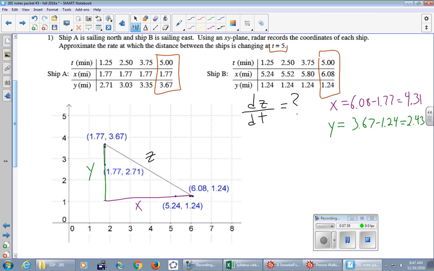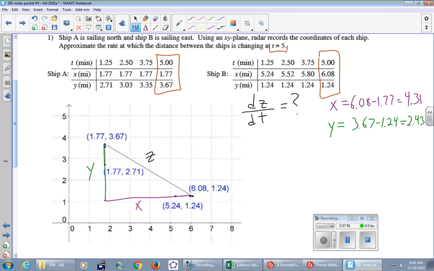So at the moment we're interested, when t is 5, we know what the x is as a number, we know what the y is as a number. We actually could calculate what the z is as a number if we need it. I'm not prepared to do that just yet, but if we need to find it, we will be able to find it. But now we need to get an equation.